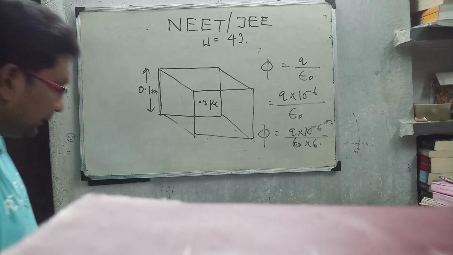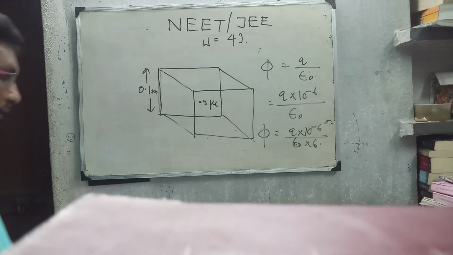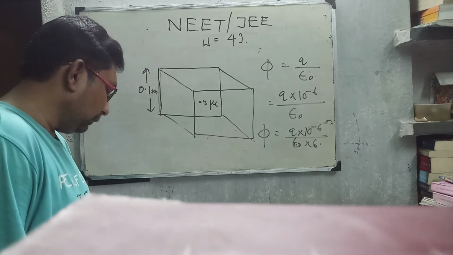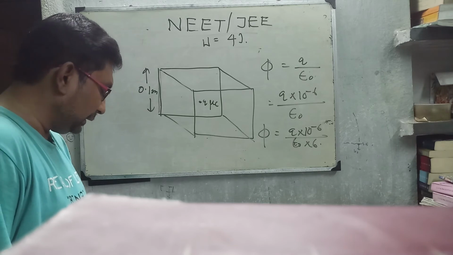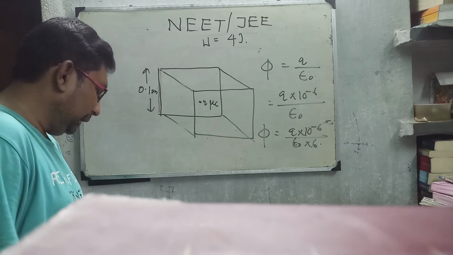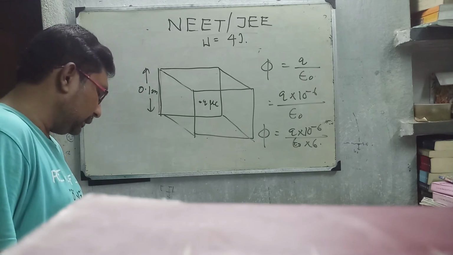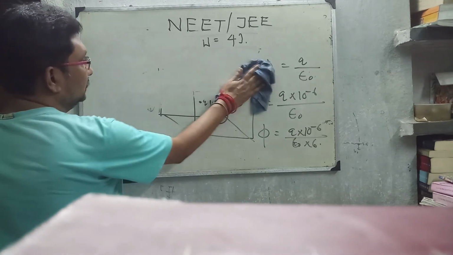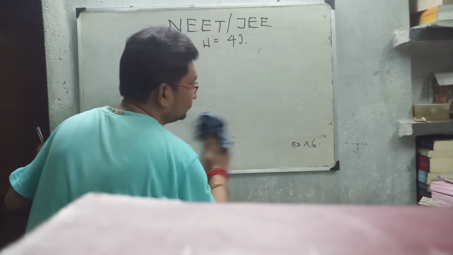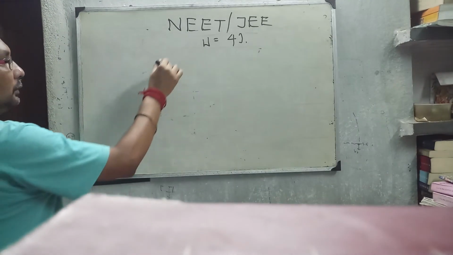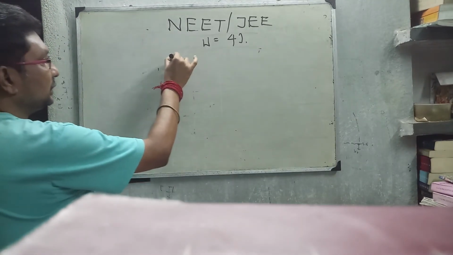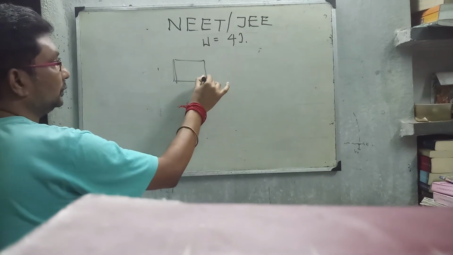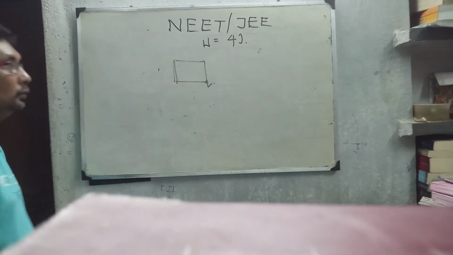Very interesting question. What is the flux through a cube of size A if a point charge Q is at one of its corners? A charge Q is placed at the corner of a cube.